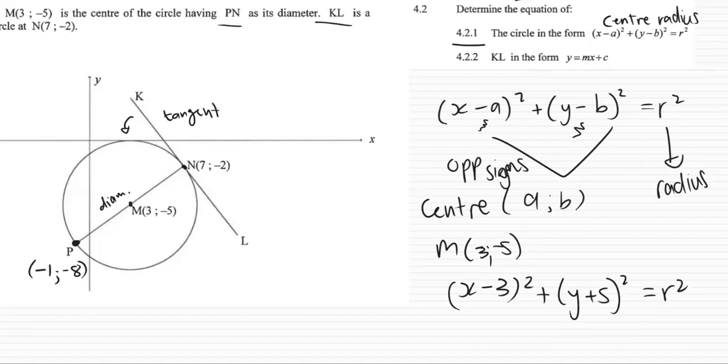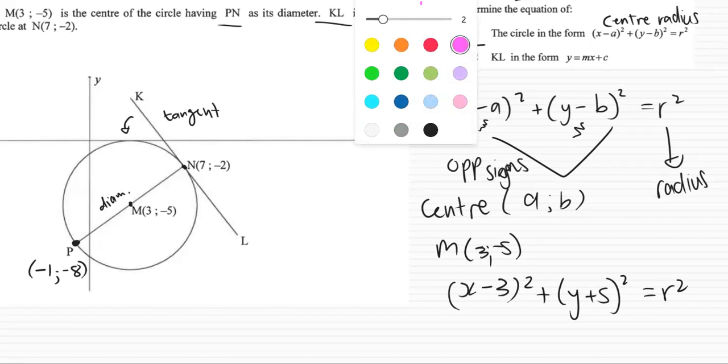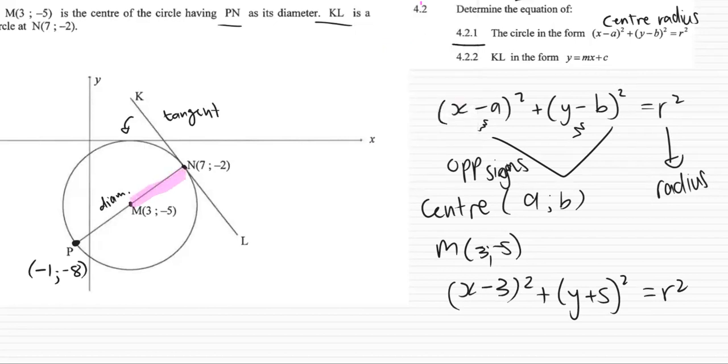The last step is we need our radius, and our radius is just the distance from the center to N, or it could be from the center to P. The radius of the circle is half of the diameter. We could also do the diameter divided by 2, but let's do the distance MN.